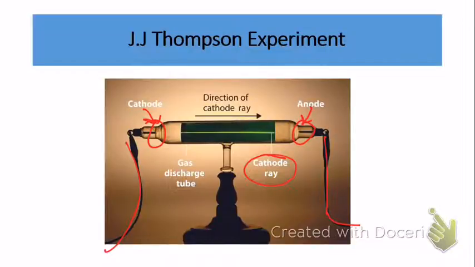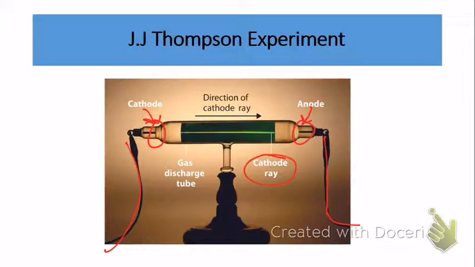Now, this cathode ray was actually discovered long before J.J. Thomson, but no one could understand what this cathode ray really meant or what it was until J.J. Thomson. So J.J. Thomson began to explore these cathode rays and wanted to know a little bit more about them. And so he set up his experiment using a cathode ray tube.